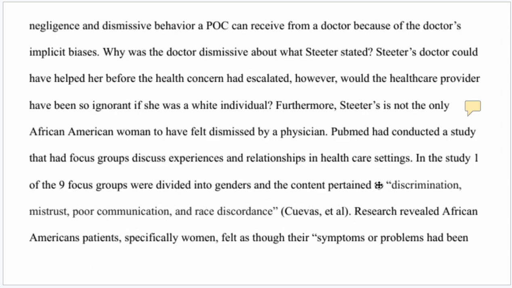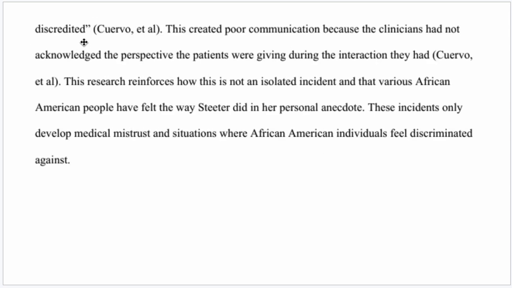But when she follows it with the logos here, then that shows that in the study 1 in 9 of the groups were divided into genders and then the content pertained to such discrimination. That it's happening shows that specifically African American women felt as though their symptoms or problems had been discredited.